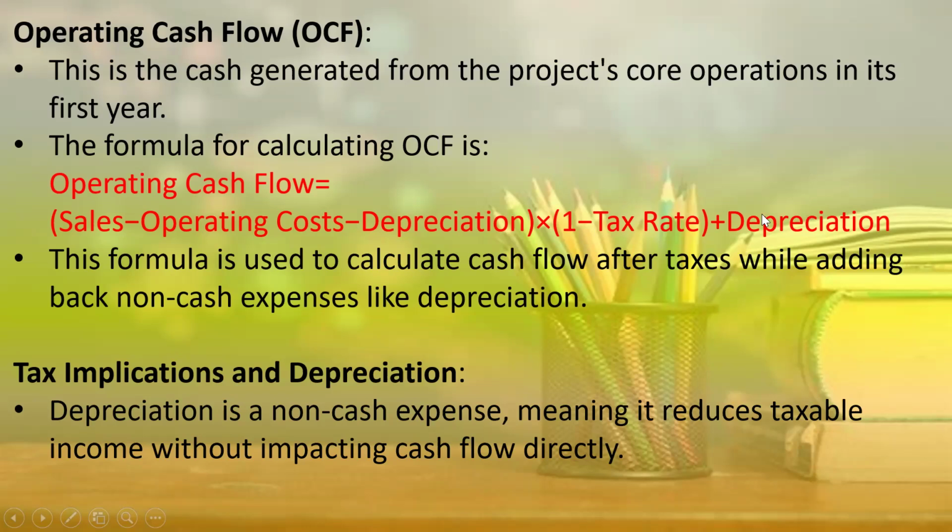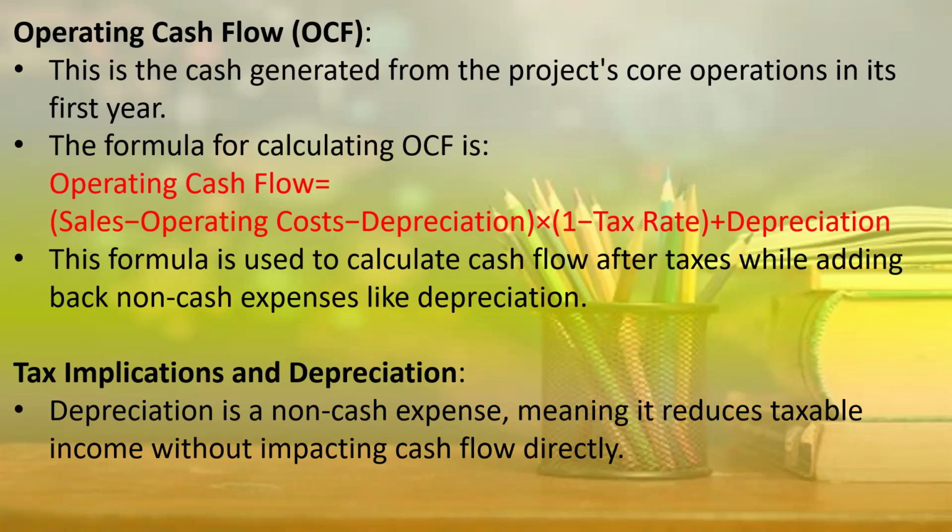Why do we add back depreciation? Because depreciation is a non-cash expenditure. We have to deduct it in order to show the tax impact, but we add it back while calculating operating cash flows. So this formula is used to calculate operating cash flows after taxes, adding back non-cash expenditures like depreciation or amortization.